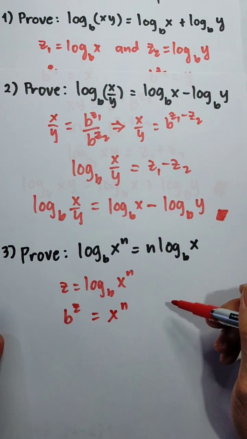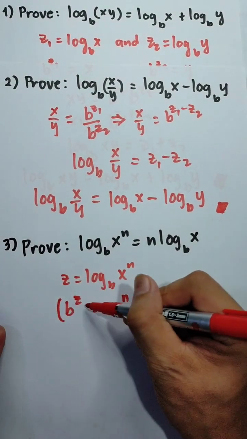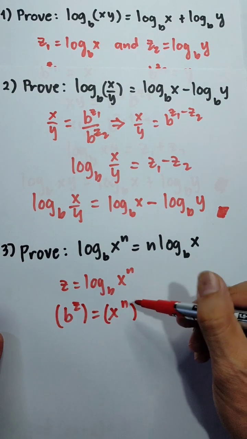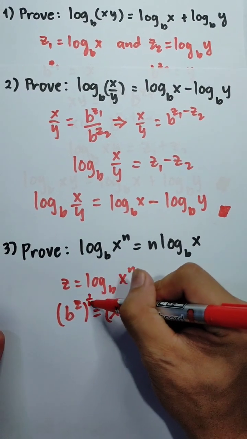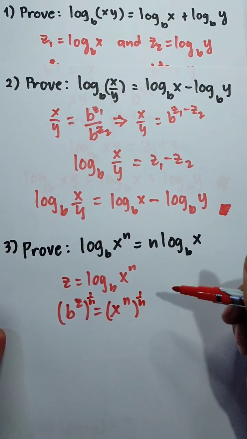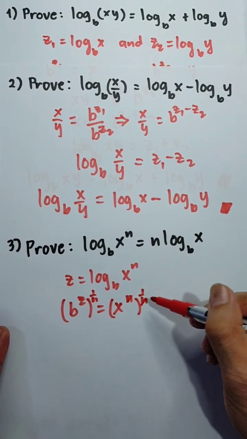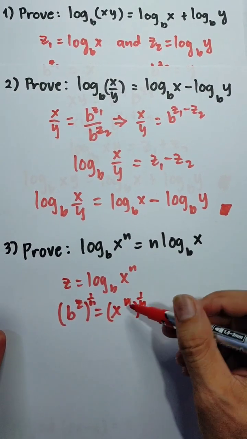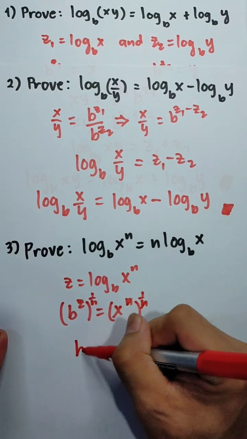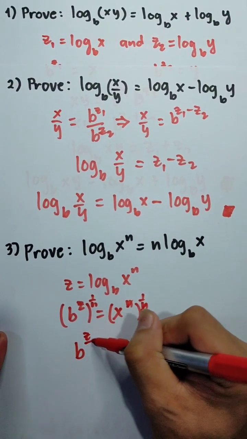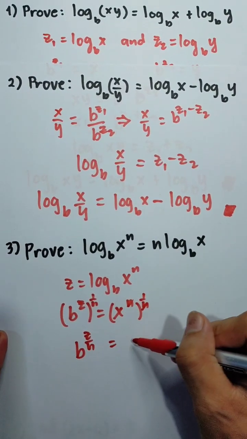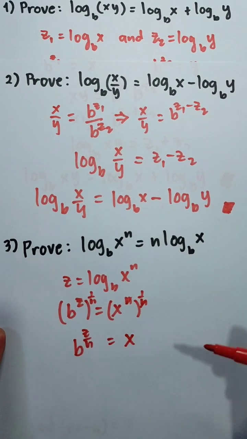Now what we're going to do next is raise both sides to the power 1 over n, and the exponent of x is now equal to 1. So we have b to the z over n, and the right hand side will become x.